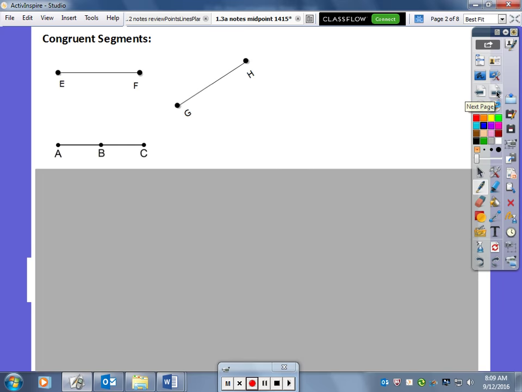So let's get started. Before we can talk about finding a midpoint, we need to talk about congruent segments. Congruent segments have the same length.